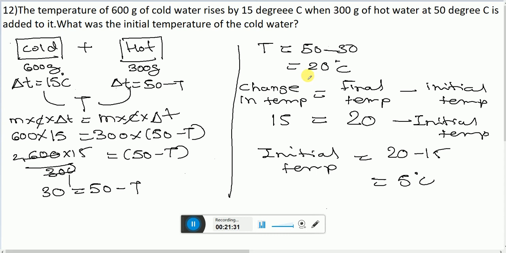Substituting the values, we have calculated here T is nothing but a final temperature. However, in the statement they have asked to find out initial temperature, and we have calculated final temperature. That is the reason here we are writing change in temperature is equal to final minus initial. Change in temperature, which is already mentioned, is equal to 15 degrees centigrade. This is final. Subtracting these two, we get initial temperature.